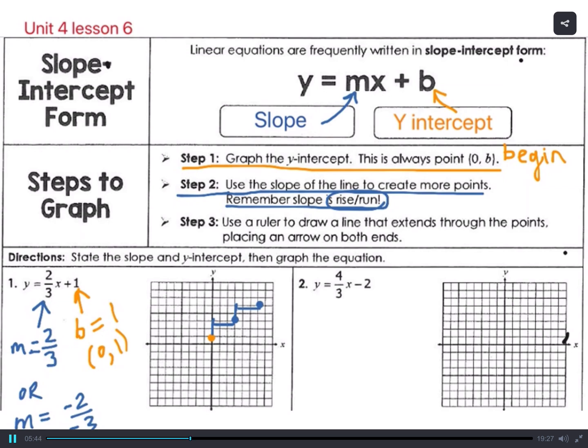But notice now that if I try to go up 2 and over 3, I run off of the graph. So I can go back to that y-intercept and change both directions. So now instead of going up and right, I'm going to go down 2 and left 3, and then I'll plot a point.